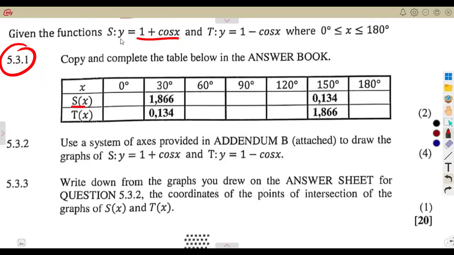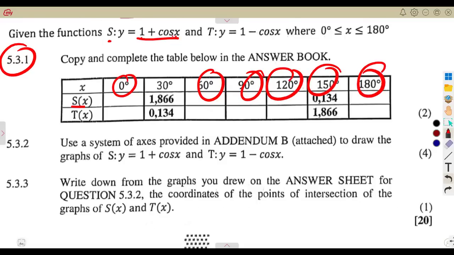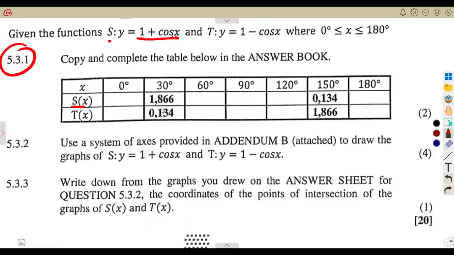S of x is the one for y is equal to 1 plus cos x. So you substitute these values that we are given in place of x. So that was your question in that case, all right? Also your answers there, as you can see, are to 3 decimal places. You can also fix your calculator to 3 decimal places in case they are decimals on your simplification.